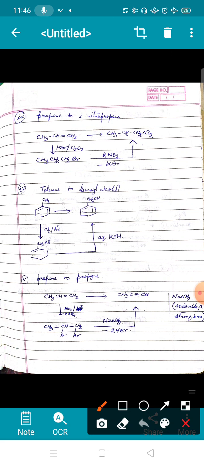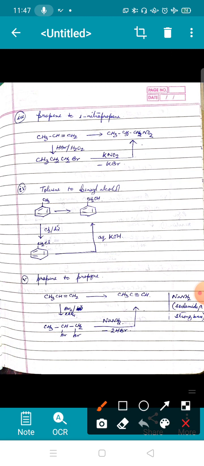Alright, the next conversion is a very commonly asked and very important conversion. It's toluene to benzyl alcohol. One thing I have seen from my past years of experience is that most students fail to convert the name to the structure of the compound. That is why it's very important that your concept of nomenclature is very clear.